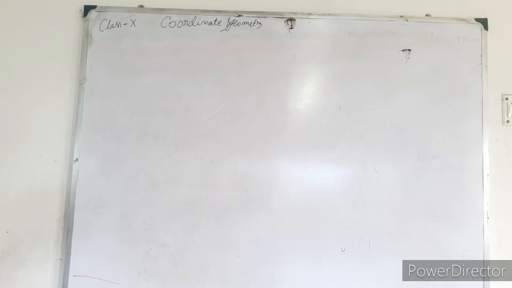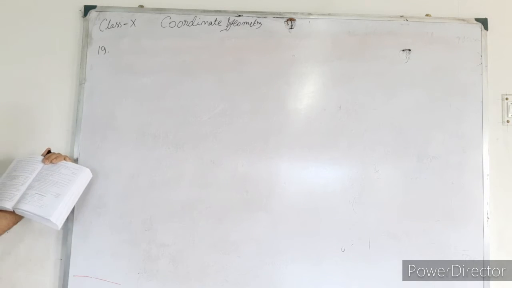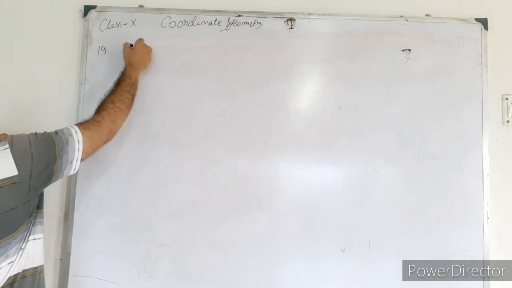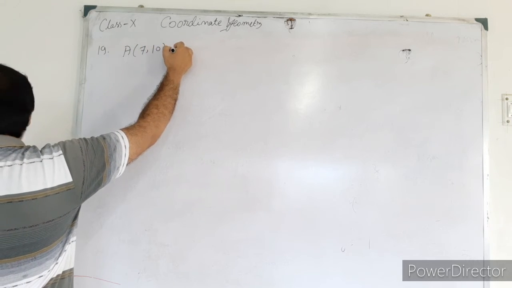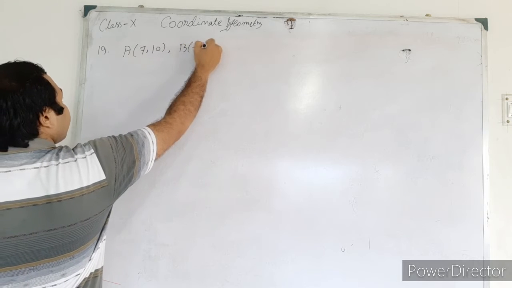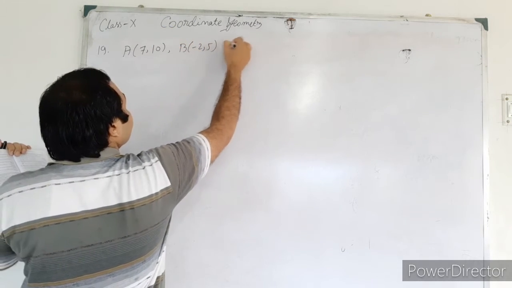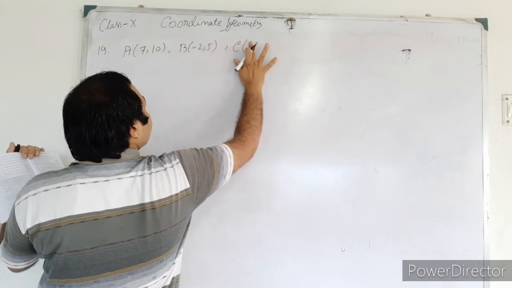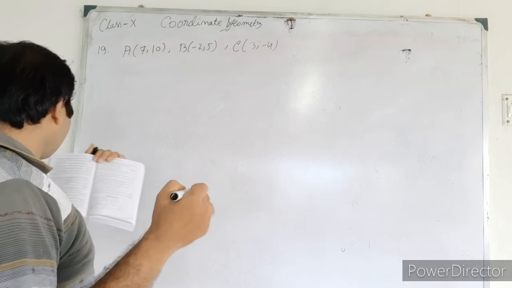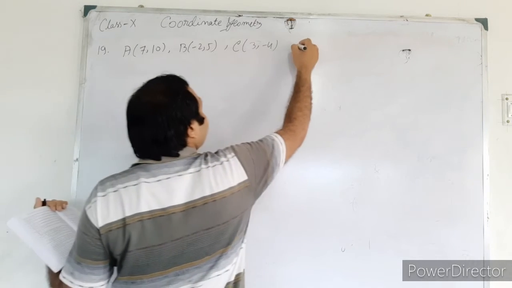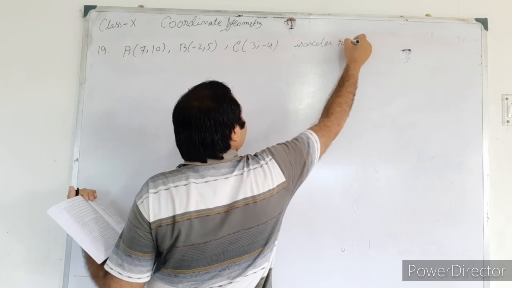Now students, let us do question number 19. The points A(7, 10), B(minus 2, 5) and C(3, minus 4) are the vertices of an isosceles right triangle.